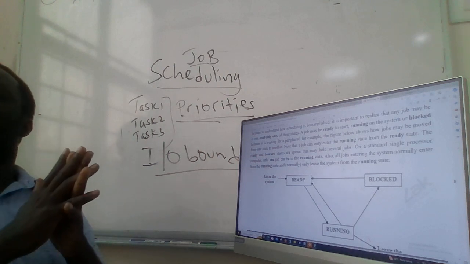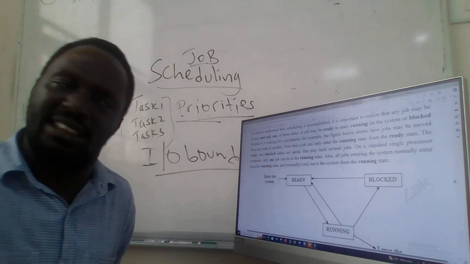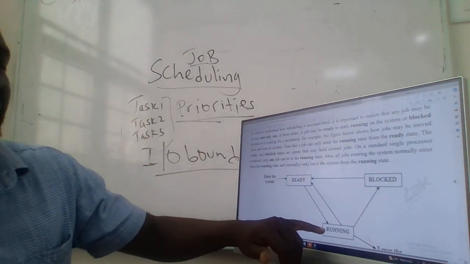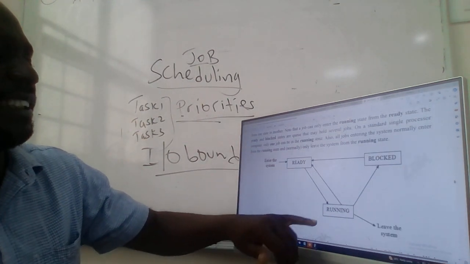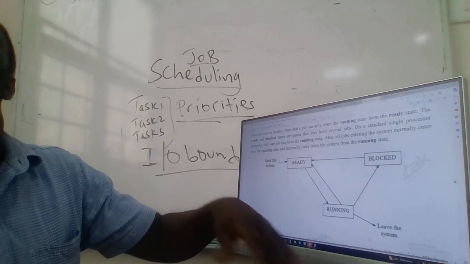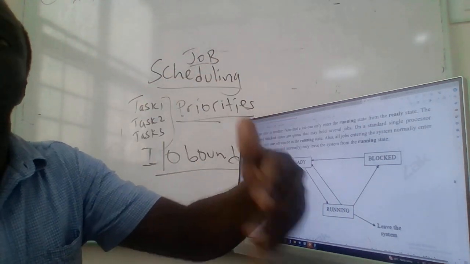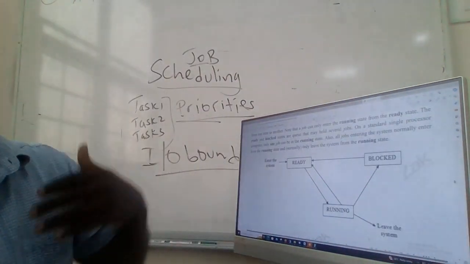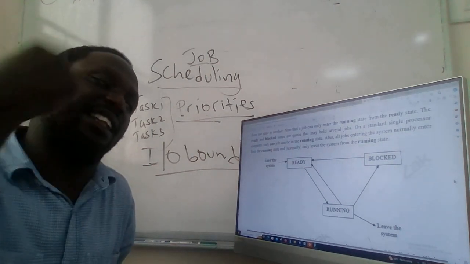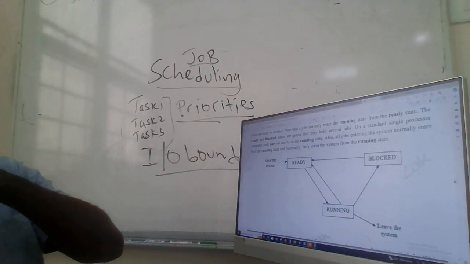So it's a task which is ready and waiting to use the processor. If a task moves to the running state, it means this task is now being processed. It's actually being performed by the processor. At the running state, it is running. It is being attended to by the processor.